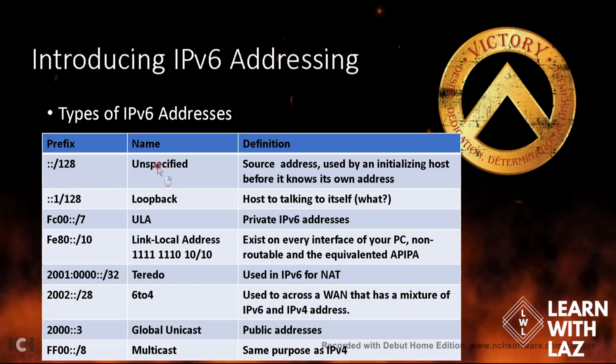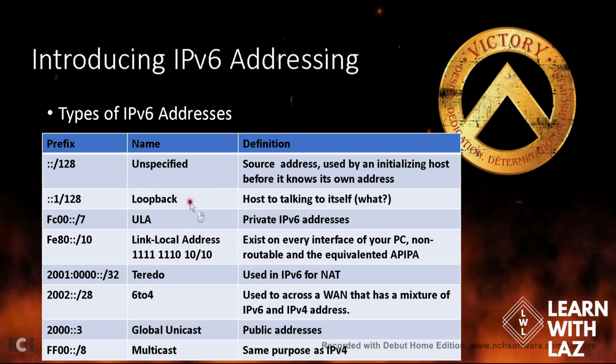The name of it is called unspecified. What is it? Well, it's a source address. It can only be a source address, and it's used by a host that just turned on. I love this word, initializing. Makes you sound smart. A host that just started, right? Before it knows its own address. So before it knows its own address, it has this. Oh, okay. All zeros. Okay.